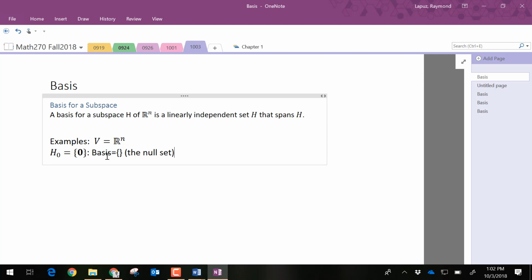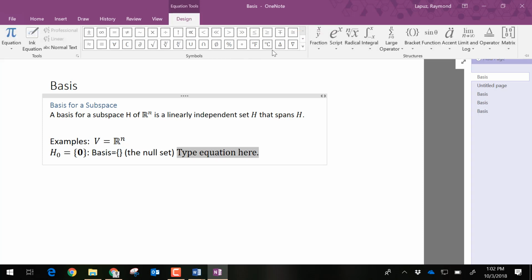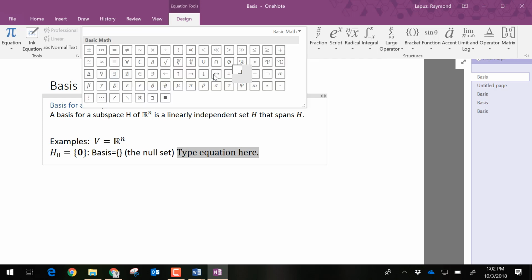It does exist. Actually, in math, they sometimes call it the empty set. Let's see if I can find the symbol. Null set, empty set.